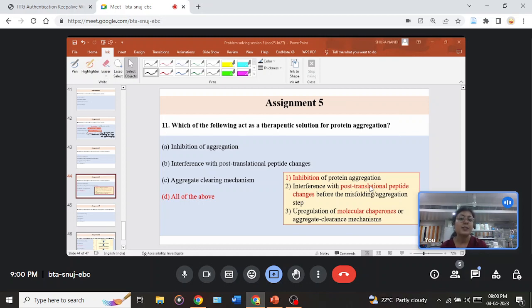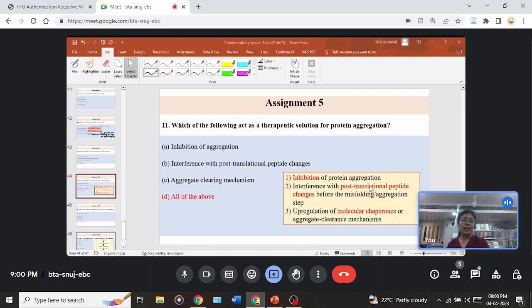In that case, you can go for upregulation of molecular chaperones. These molecular chaperones help in converting the misfolded protein back to the native state, right? So they help in restoring the functionality of the protein.